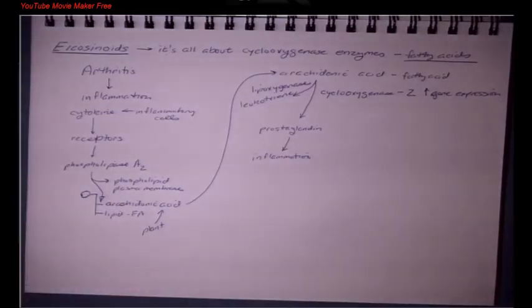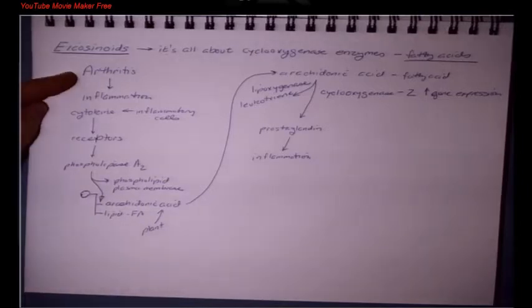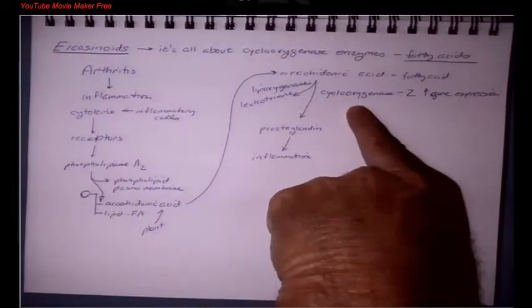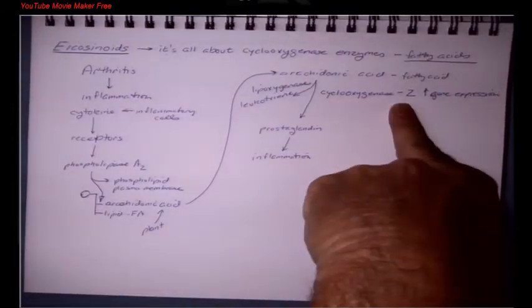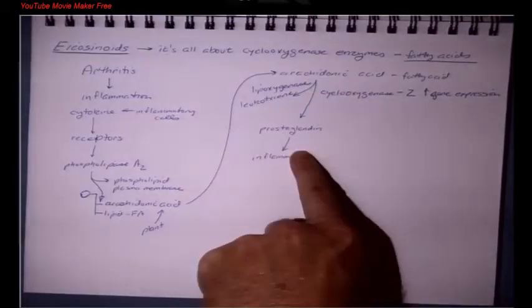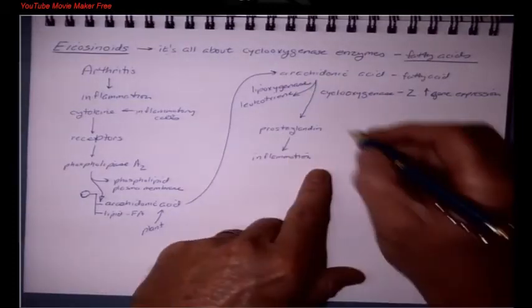Okay? So now, how do we target this pharmacologically in order to help our arthritic patient? What we want is a drug that will block the cyclooxygenase 2 conversion of arachidonic acid to prostaglandins. So we want to block this reaction.